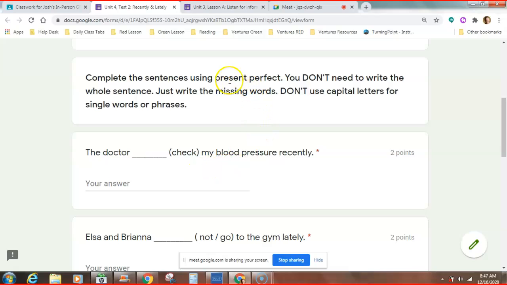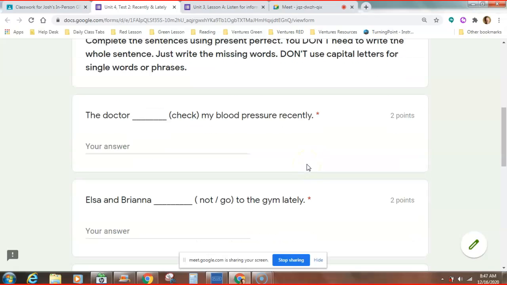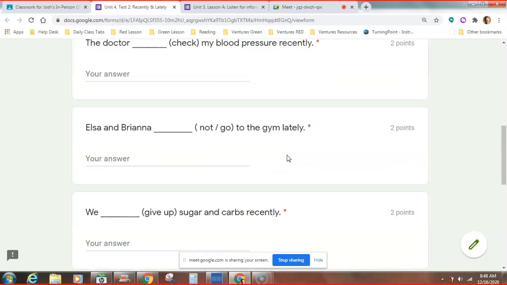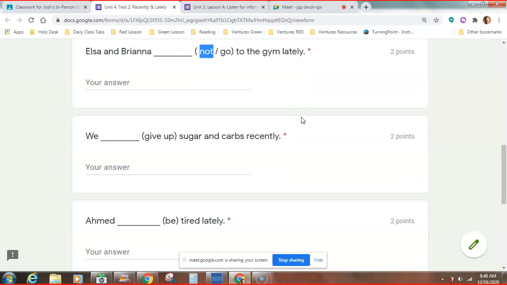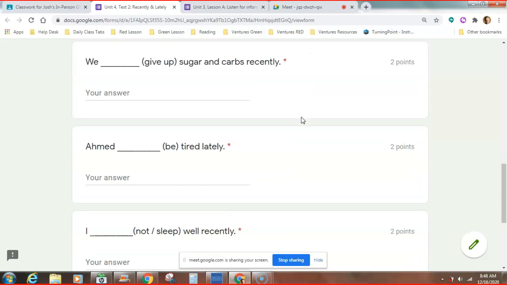So they just want to see if you can use the present perfect. You decide has or have plus the verb form 3, which for a regular verb is adding ed. For irregular verbs, those are a little bit trickier. Here's an irregular. Be careful with the negative. On this one, you have to get the negative in there as well. Correct. So that's what that's looking for.